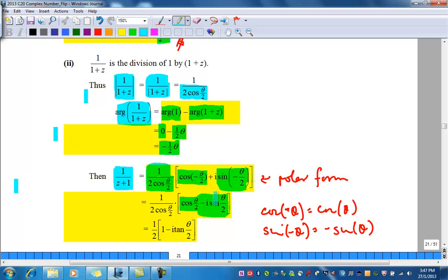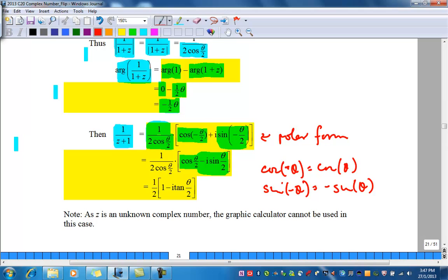And by simplification, cos and cos cancel, you end up with 1, and sine over cos is your tangent. And this is your final answer. Note that as z is an unknown complex number, the graphic calculator cannot be used in this case.